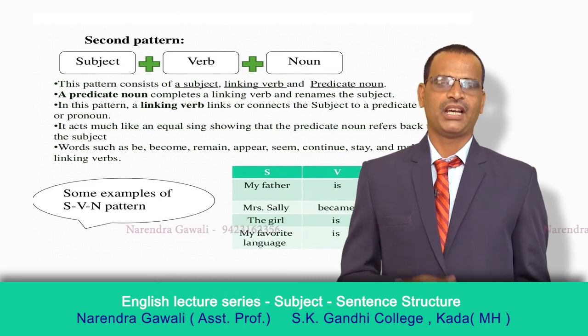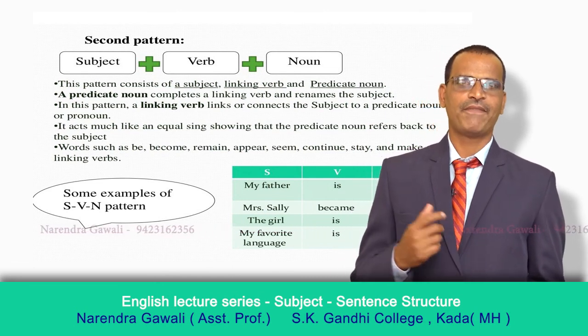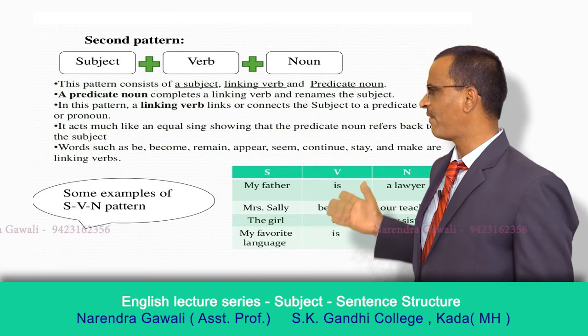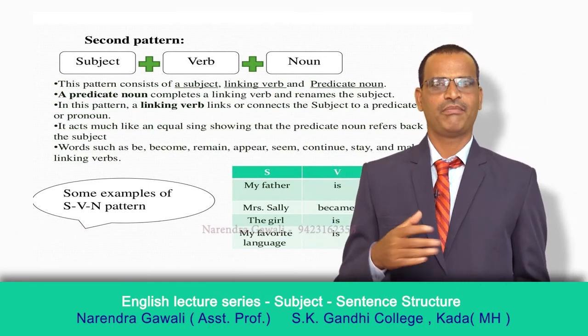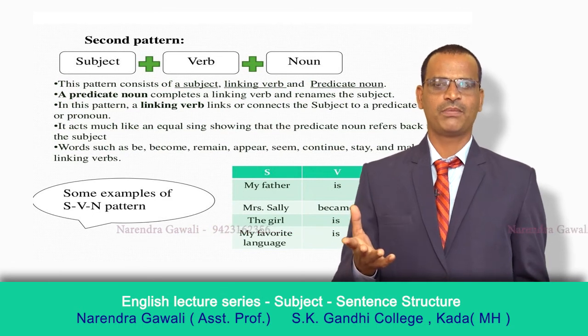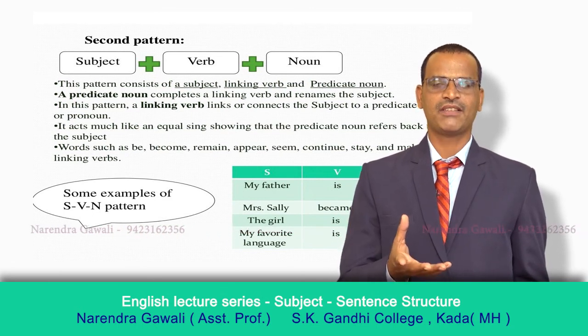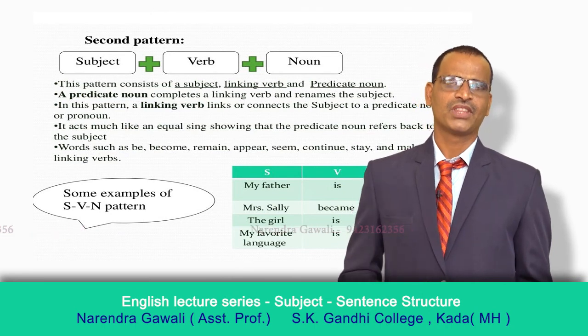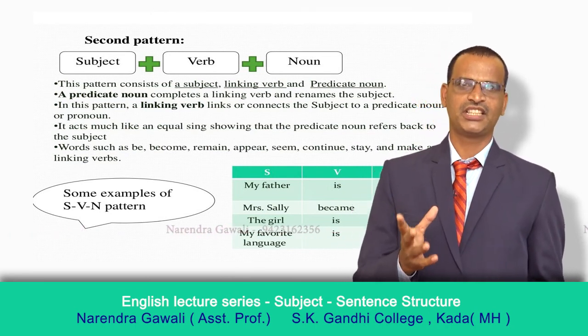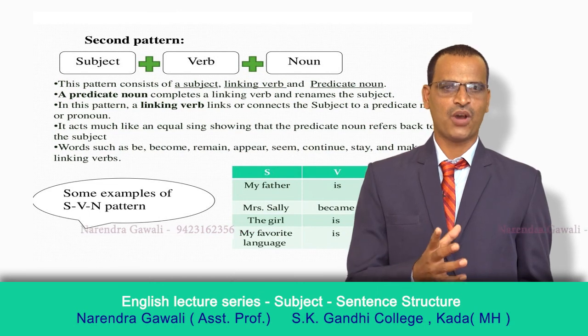For example, I will give an example. My father is a lawyer. What is subject here? My father. What is verb? Is. It is a form of verb be. A lawyer is a profession. It is called a noun.